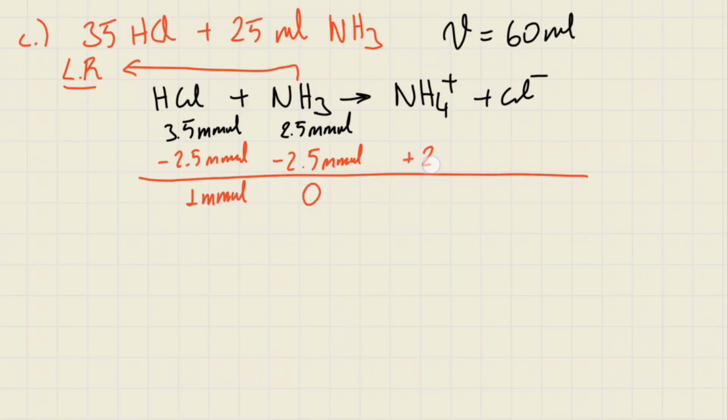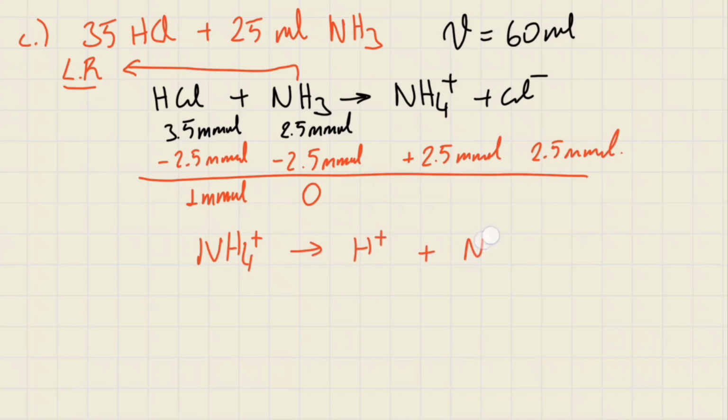We will create NH4 and chlorine. So NH4 can ionize in water and create NH3.